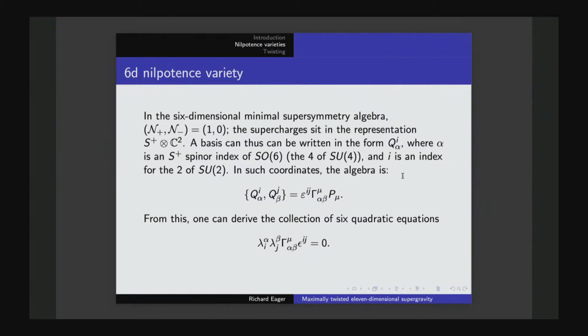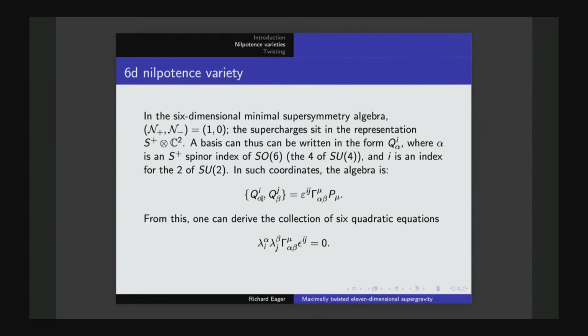Before moving to 11-dimensional supergravity, I wanted to illustrate this technique in 6D in a very clean example, which highlights the necessity of using the BV formalism and this generalized pure spinor superfield technique. So in 6 dimensions, recall that the supersymmetry algebra takes the following form, where you have the anticommutator.